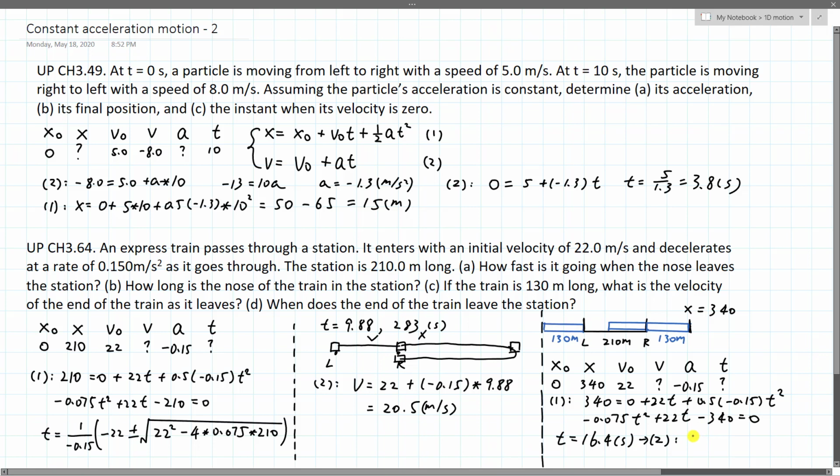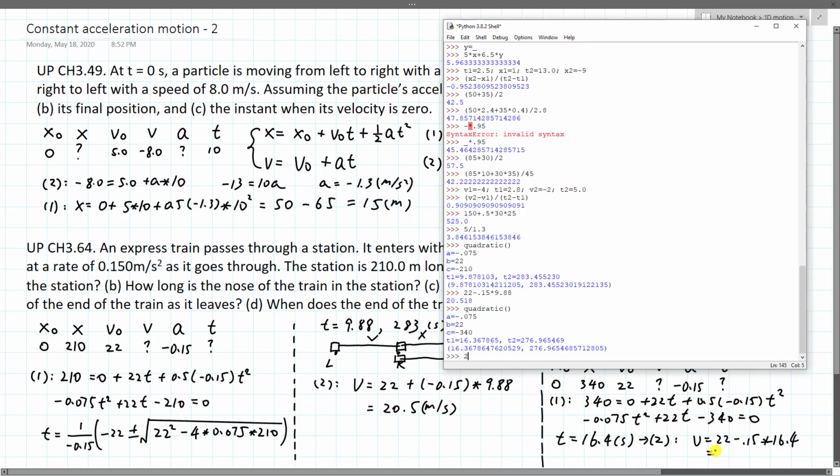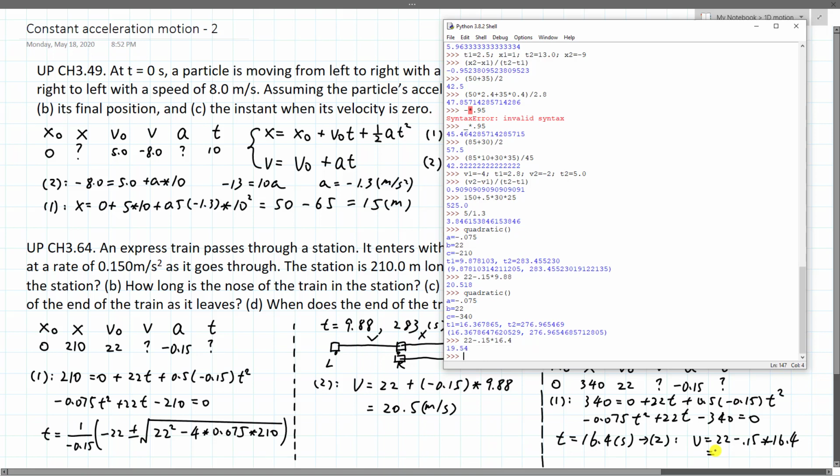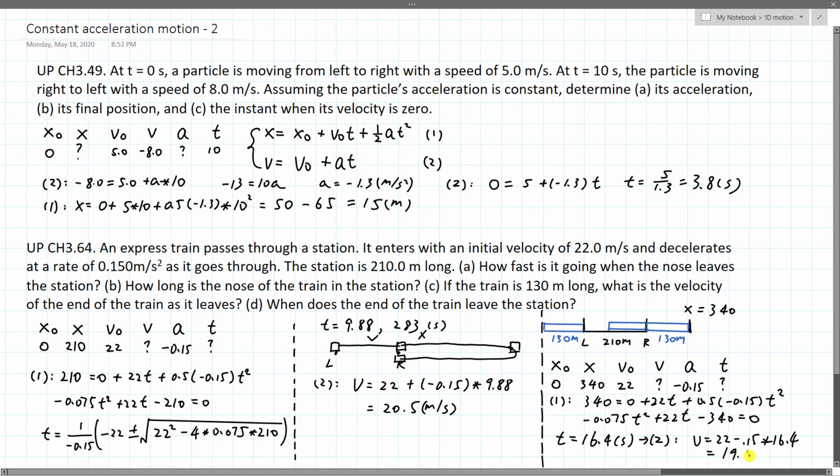The velocity is 22 minus 0.15 times 16.4. So we recall our calculator. 22 minus 0.15 times 16.4. So we have 19.5. So 19.5 meters per second is the speed when the end of the train has pulled out of the station. Thank you.